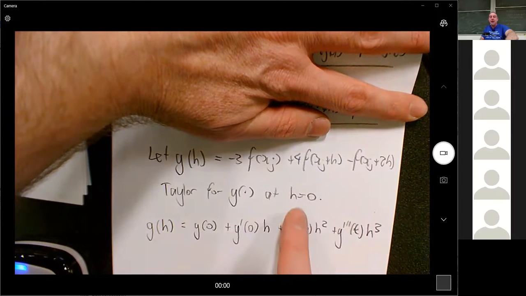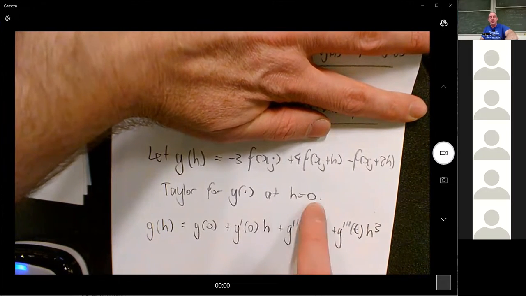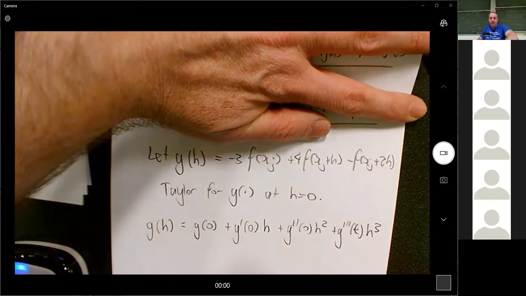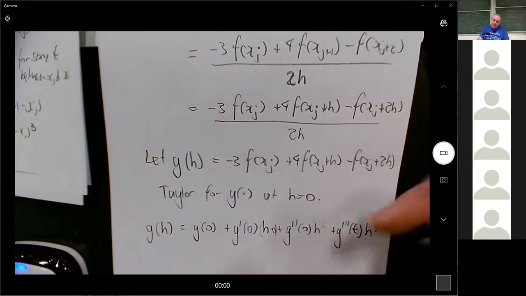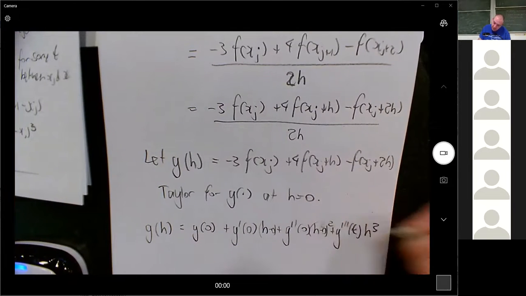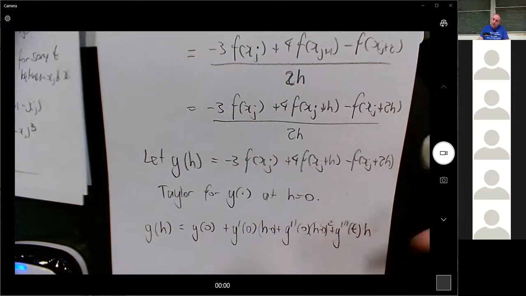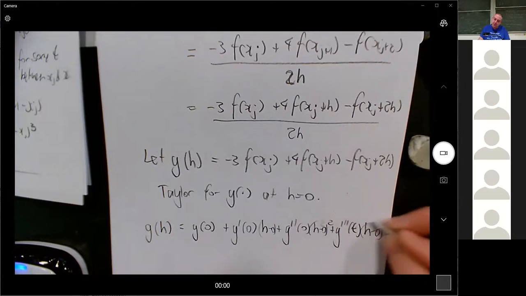So since the centre for h is 0, this will be an h minus 0 here, and this will be an h minus 0 squared, because that's what the centre is. And this will be an h minus 0 cubed, just to make it completely explicit. I always forget to put the numbers on the bottom.